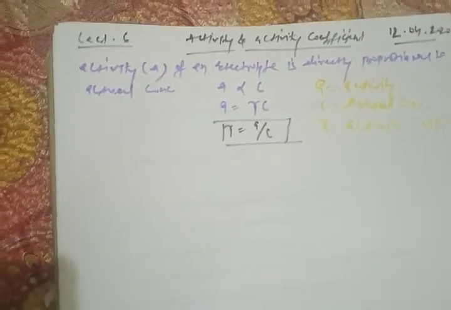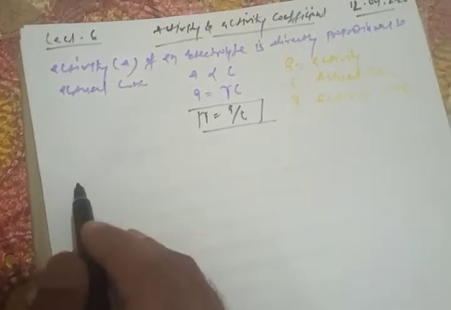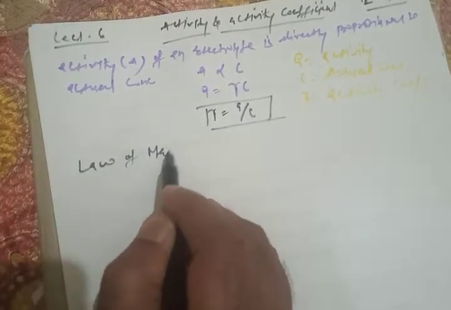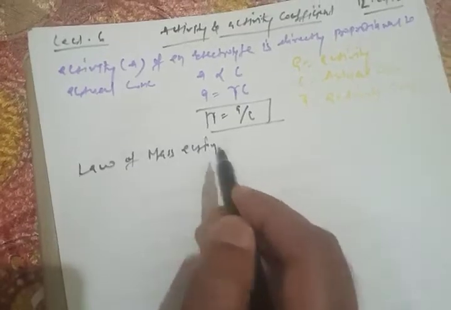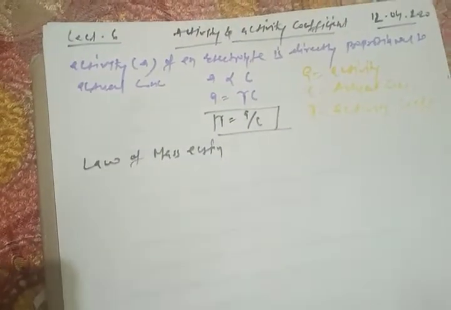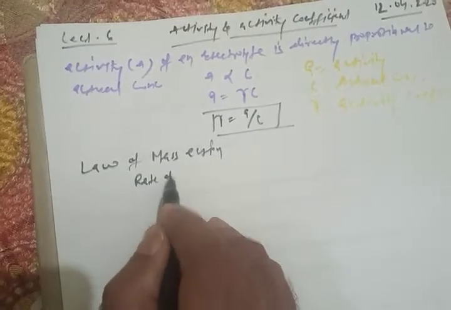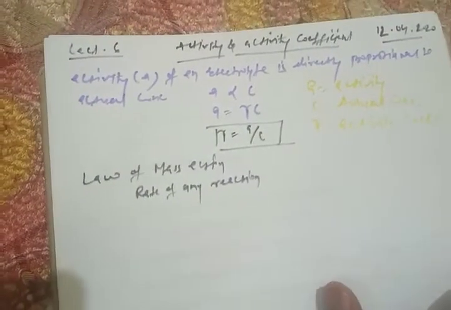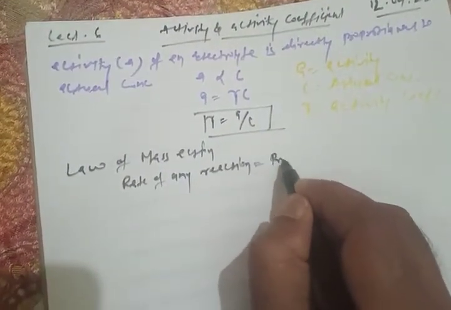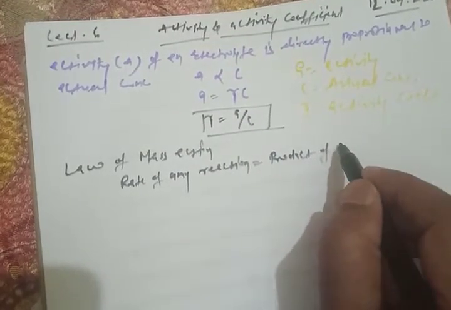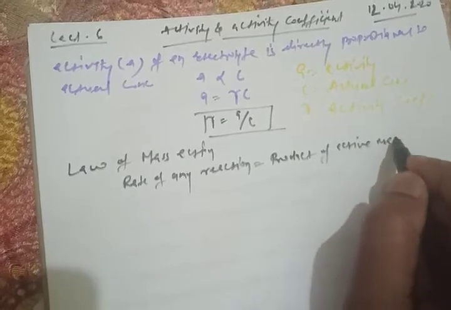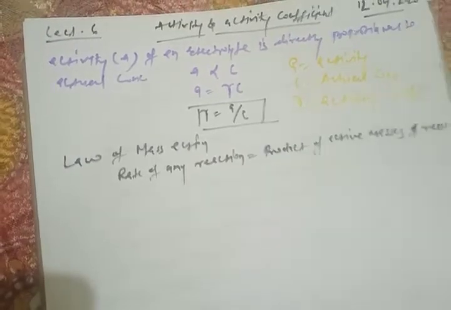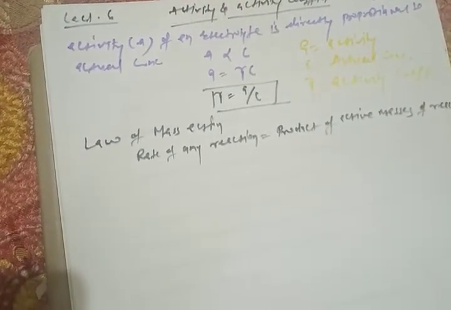For that, as you know, the law of mass action. What does this law say? The rate of any reaction is equal to the product of active masses of the reactants. So this is the law of mass action which we used earlier.